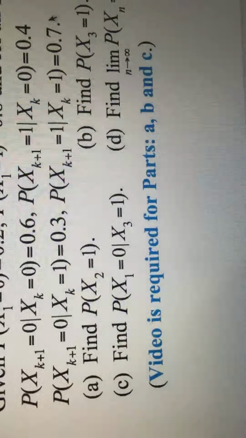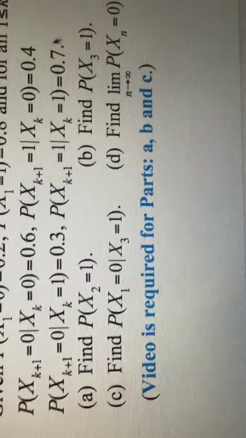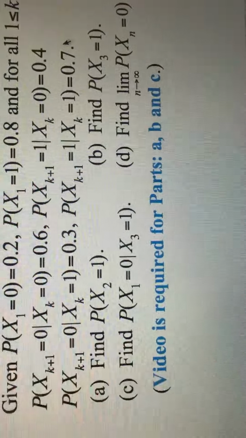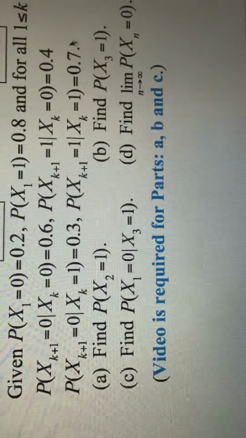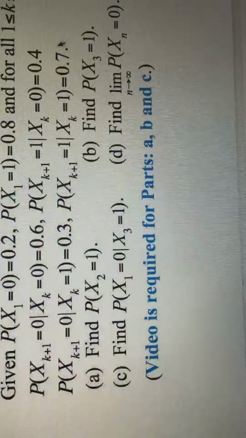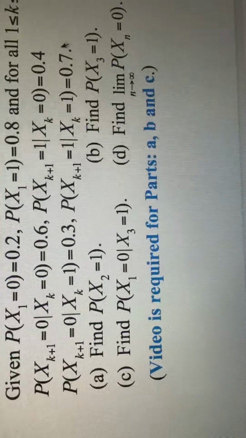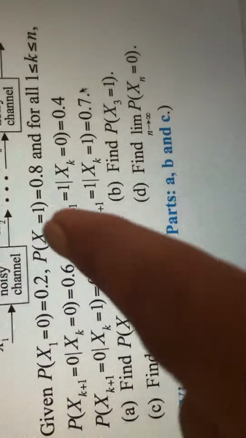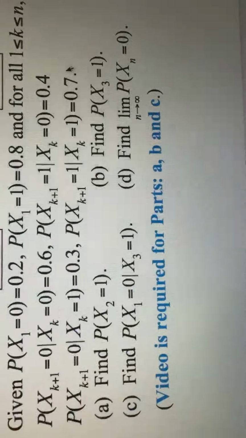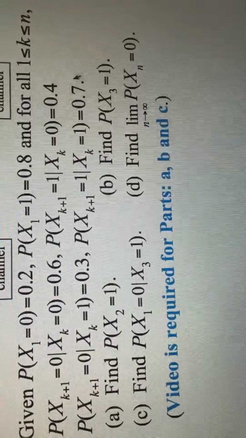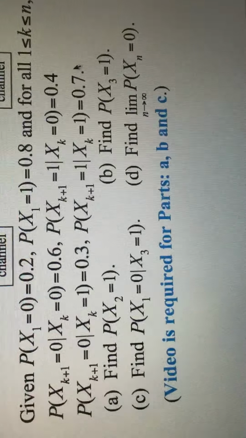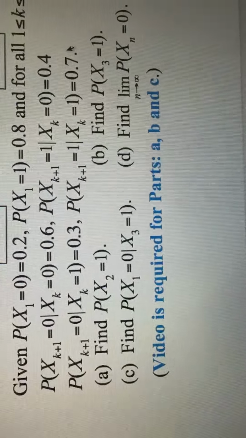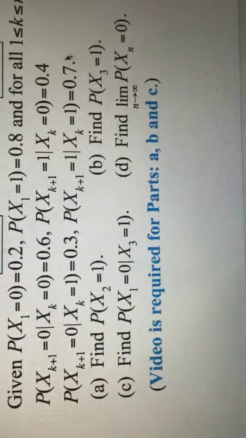The first conditional probability reads, given that input is equal to 0, the output will be equal to 0 has a probability of 0.6. The second one next to it reads given that input is equal to 0, the output is equal to 1 will be probability 0.4. And similarly the other two read.